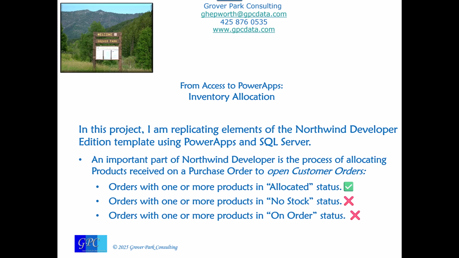Sometimes orders have one or more products in on order status. That means we have some stock in our warehouse, but we also have stock on a truck on the way to the warehouse.